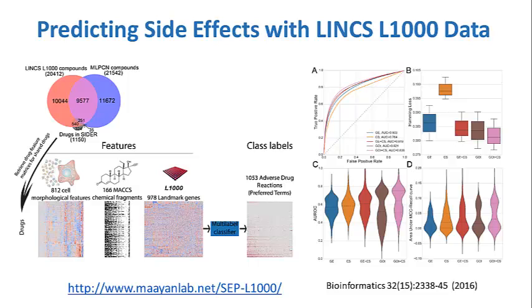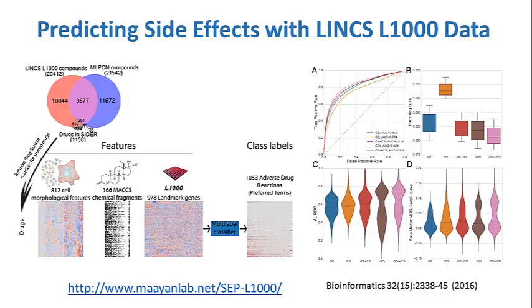Every substructure gets a binary digit, and it becomes a binarized vector of 166 flags that tell you whether parts of the structure exist.